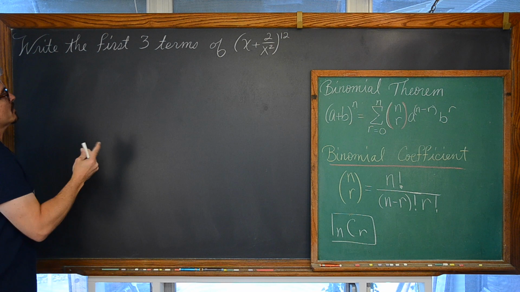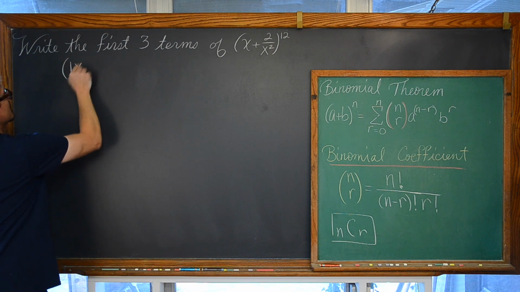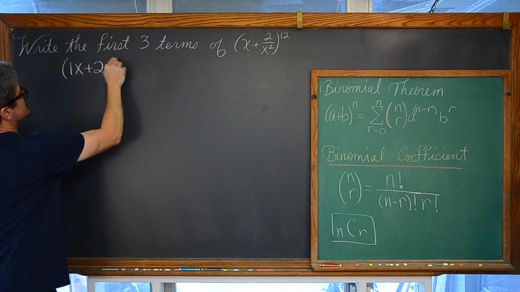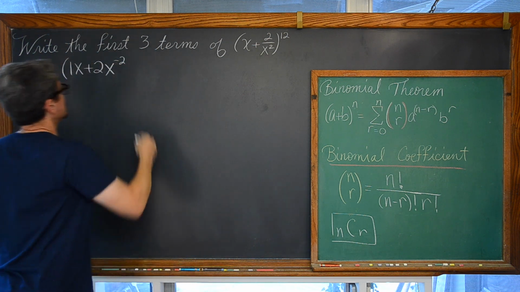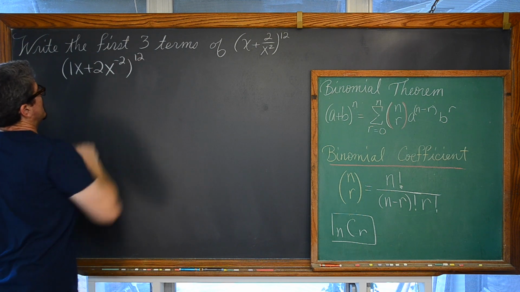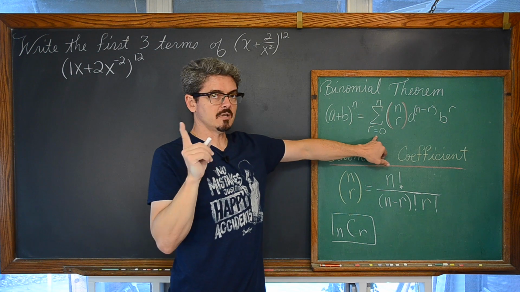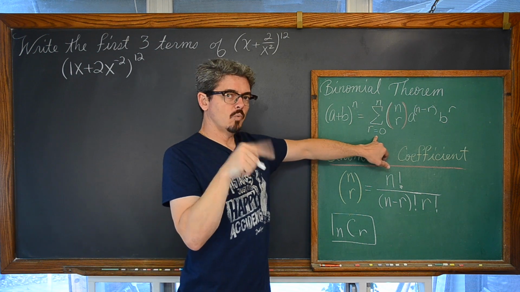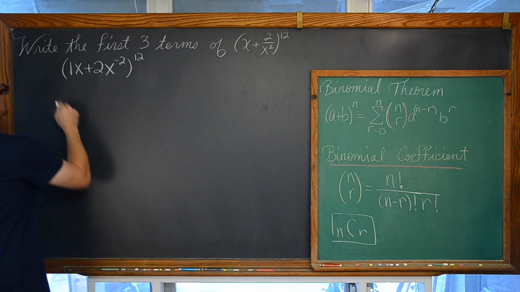So, first of all, you want to write this as 1x plus 2x to the negative 2. I find it easier to write this with our negative exponent to the 12th power. First 3 terms. So we're going to let r be 0, 1, and 2 with that n value of 12.